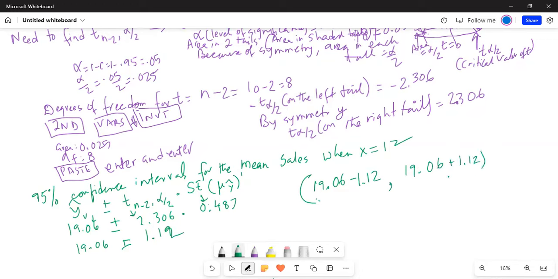So 19.06 minus 1.12 is equal to 17.94, the lower boundary, and the upper boundary is 19.06 plus 1.12, and that is equal to 20.18.